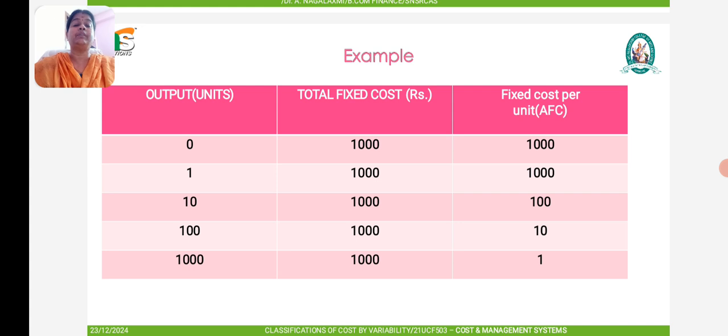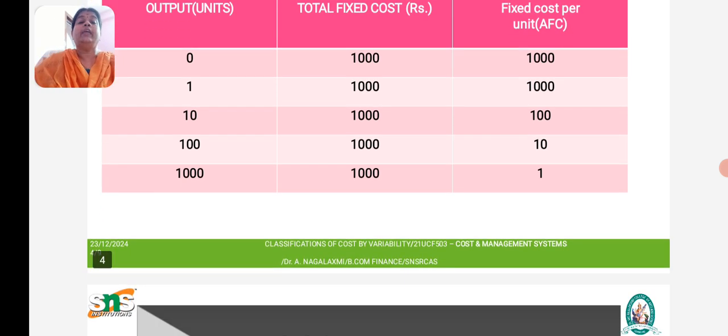How? 1000 divided by 10. If the volume of output is 100 and the total fixed cost is 1000, then the fixed cost per unit will be 10, that is 1000 divided by 100. If the output is 1000 and the total fixed cost is 1000, then fixed cost per unit will be 1.